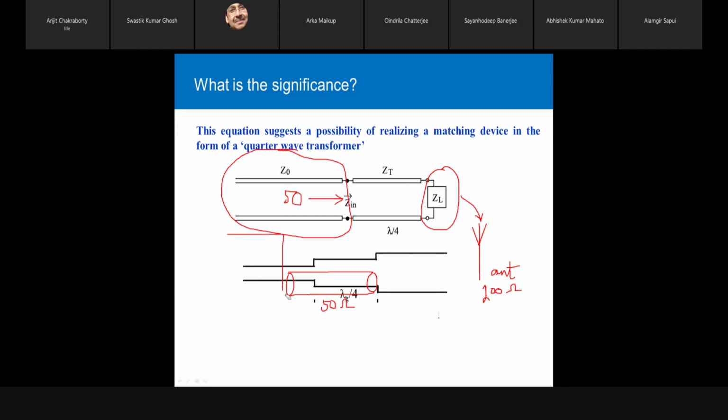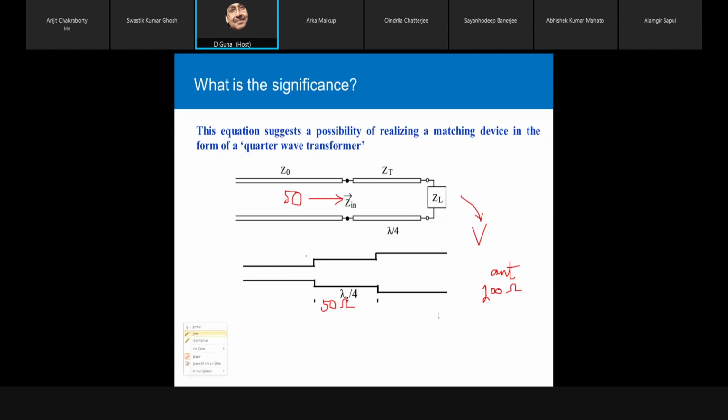I'm sending another link. So this lambda by 4 is called the quarter wave transformer. Why? It transforms impedance, converting one impedance to another, or an impedance matching device. Millions or billions of quarter wave transformers are used all over the world as matching devices.